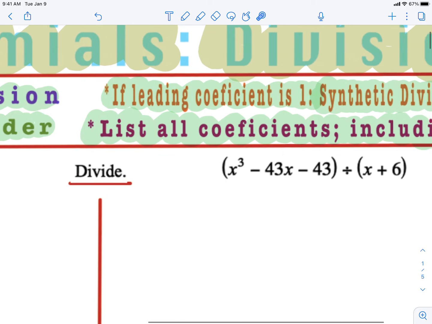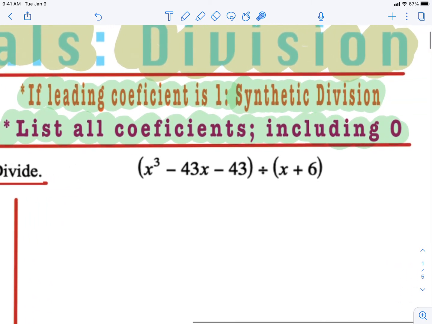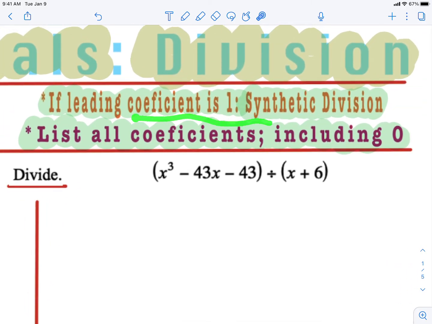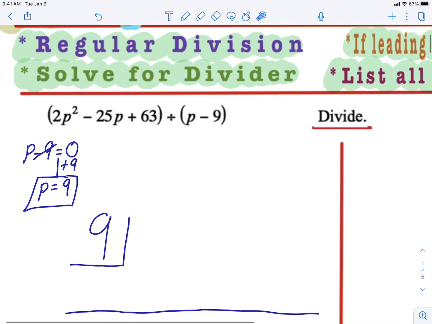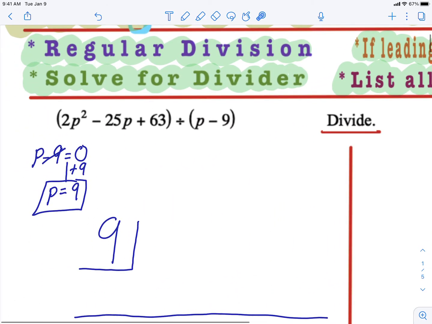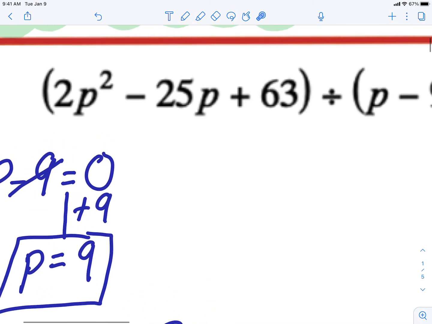Now let's take a look at the fourth bullet point here: list all coefficients including 0. Coefficients are the regular numbers.